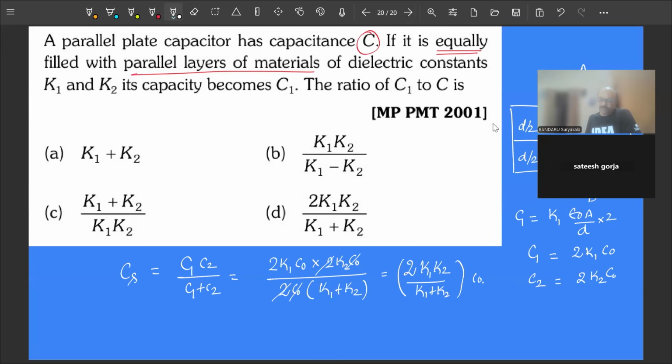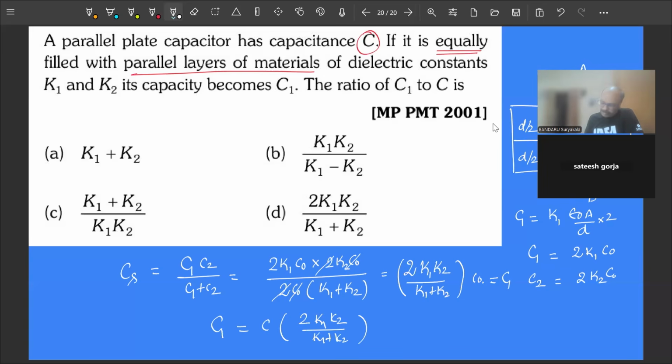The ratio, and if it is completely filled with K1, the capacitance becomes C1. The given is C1. Now before it is C, the parallel plate capacitance C0, if we take, means C1 equals C into 2K1 K2 by K1 plus K2.